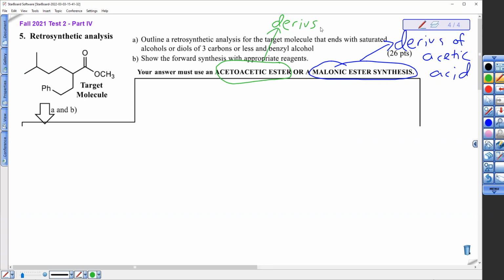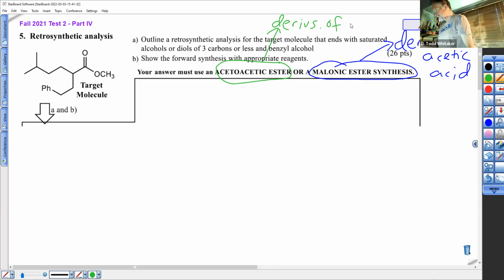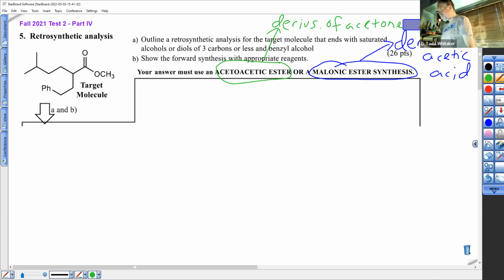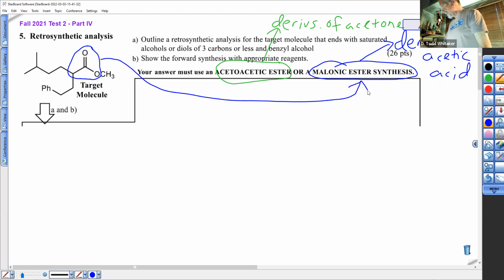So if you see acetone included in your target, then you want the acetoacetic ester. I do not. I see acetic acid right there. If there's an H there instead of the CH3, that's a derivative of acetic acid. That means you're doing the malonic ester synthesis.